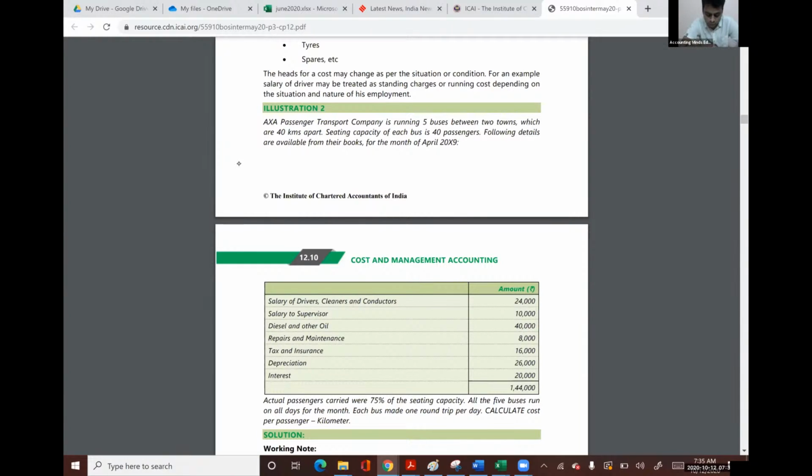Then what we should do? Into how many seats? 40 seats. Into 40 seats. So how much is that? So how many passenger kilometers?